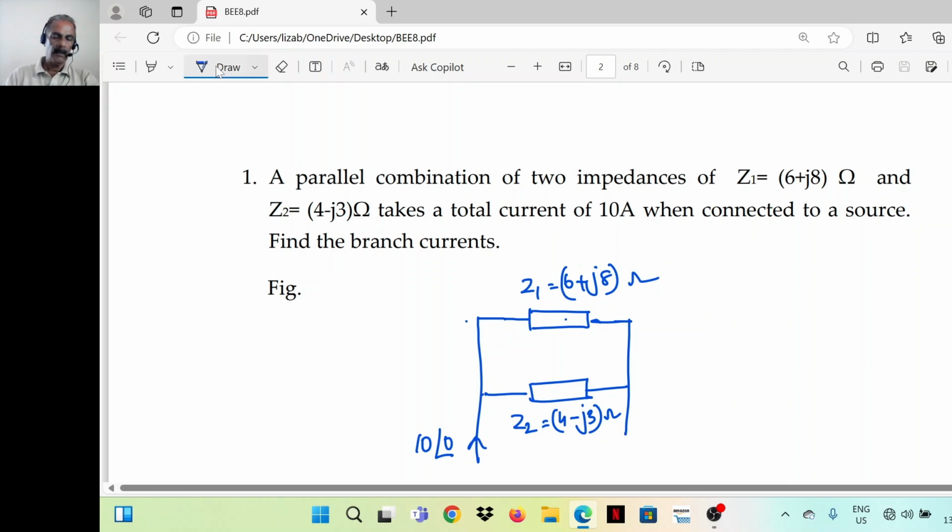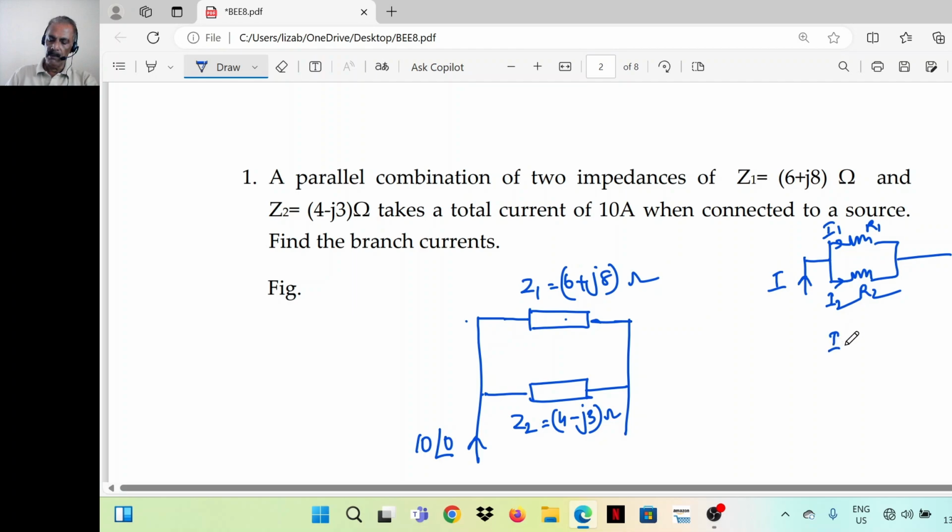Now this is similar to an ordinary DC circuit. If two resistors, say R1 and R2, are connected in parallel in a DC circuit and a total current of 5 ampere is flowing, what will be the branch currents? Say current through R1 is I1 and current through R2 is I2.